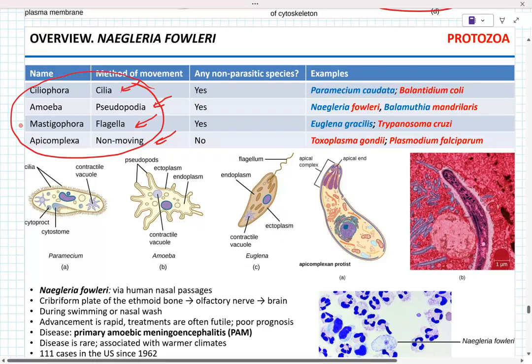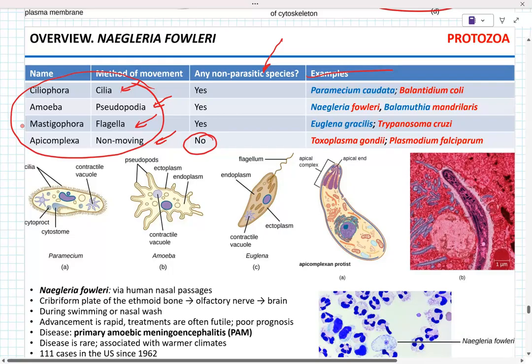Now, if you look at the third column in this table, only the apicomplexa group has no species that live independently. All of them are parasitic. And that is exactly because they can't move. If you can't move, you can't chase food. You have to have food around you. Now, I mentioned before, you don't need to know the examples.